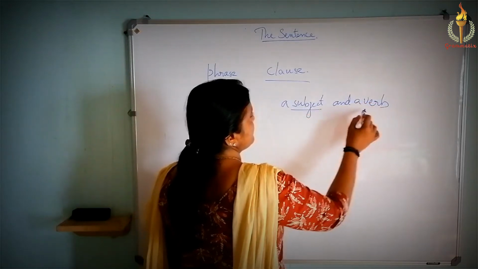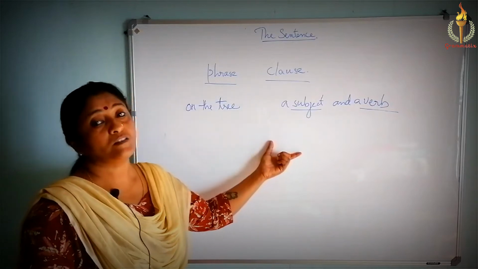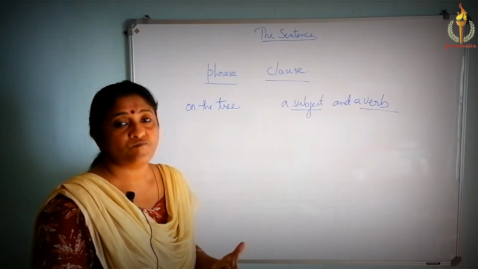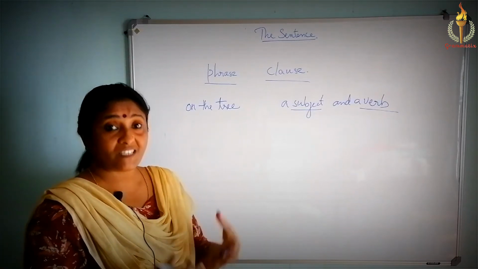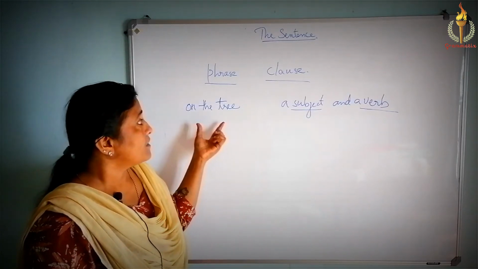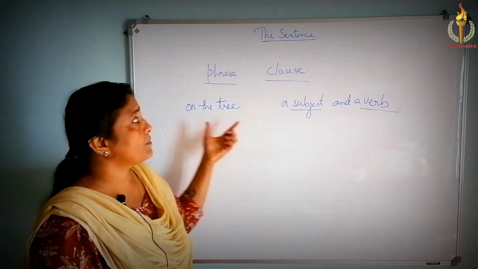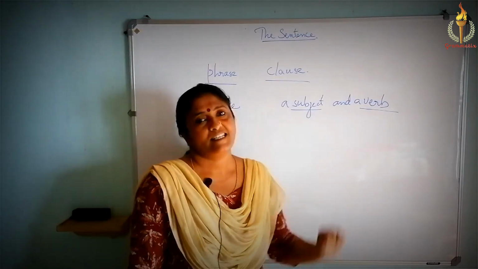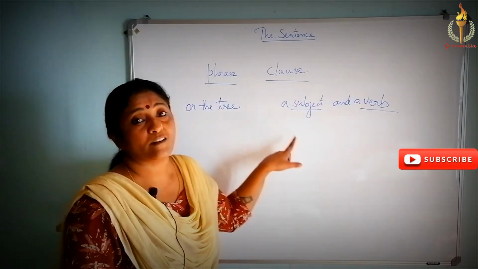So these three things are there in a clause. Both phrase and clause are a group of words which convey some meaning but don't have that complete sense. The only difference is a phrase doesn't have a subject and a verb, but a clause has a subject and a verb. So that's the definition of a phrase and a clause.